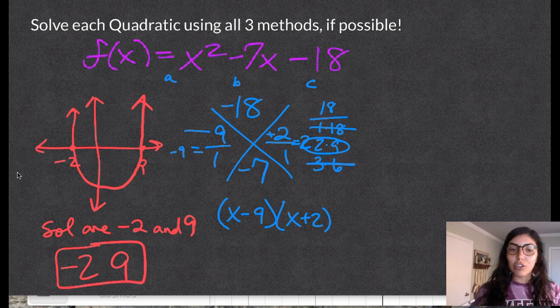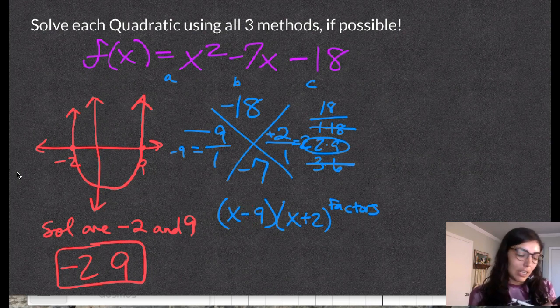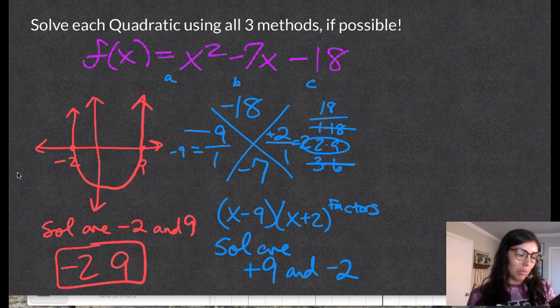That so far is just factoring. These are the factors. I have not found the solutions yet. But I know that the solutions are just the opposite from the numbers here in the factored form. So my solutions are -9 and, oops, sorry, that's not correct, are +9 and -2 because they're the opposites of these right here.